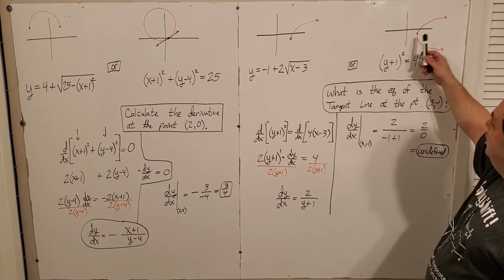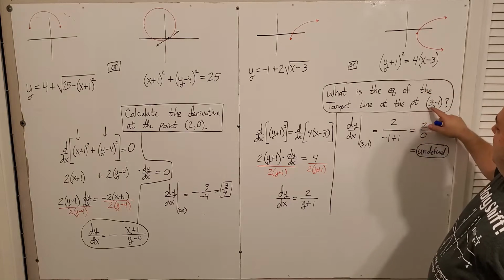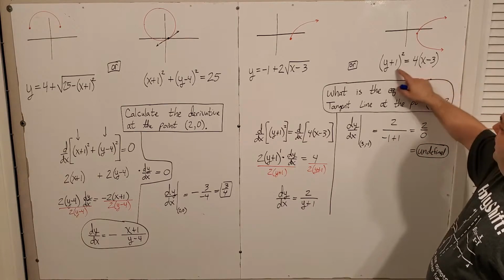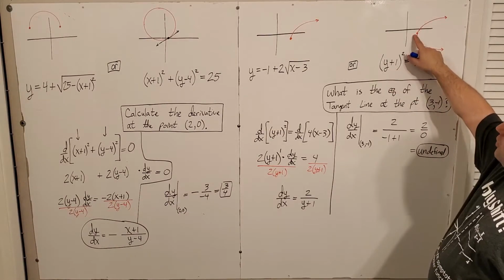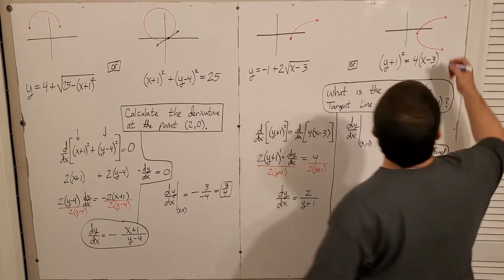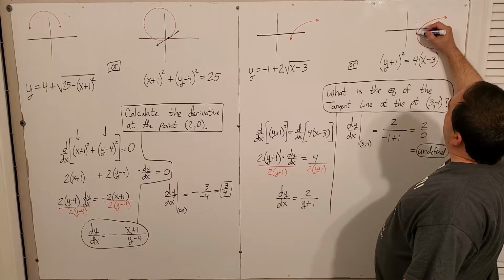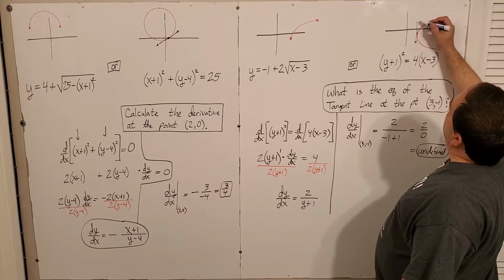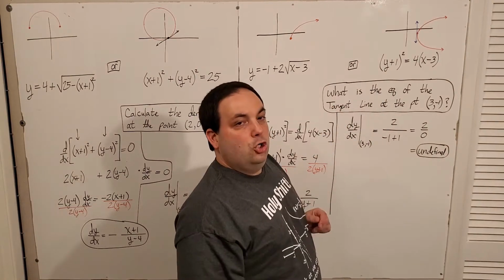Look really closely at the shape. The point (3, -1) is the point where the shifts are located. In other words, it's the vertex point there. And what we're getting is that this is the tangent line, and since it's the vertex of a sideways parabola, of a horizontal parabola, the line is vertical.